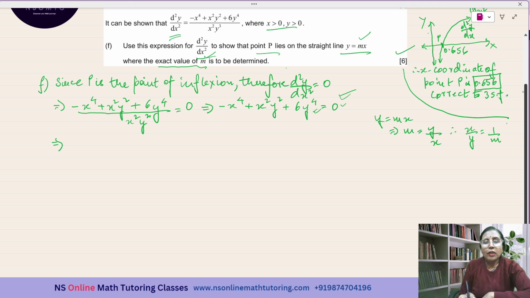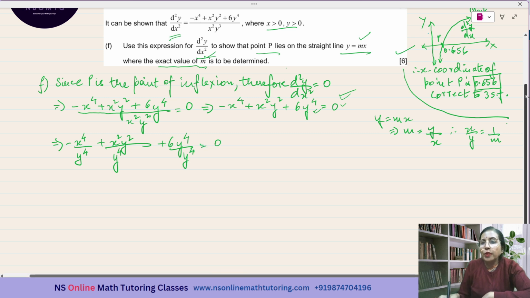I'm dividing the entire equation by y to the power of 4: minus x to the power of 4 over y to the power of 4, plus x square y square over y to the power of 4, plus 6y to the power of 4 over y to the power of 4 is equal to 0. 0 divided by y to the power of 4 is 0.